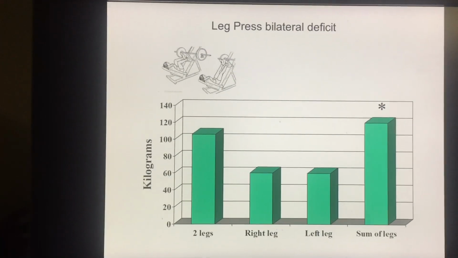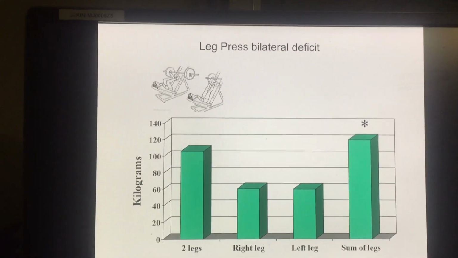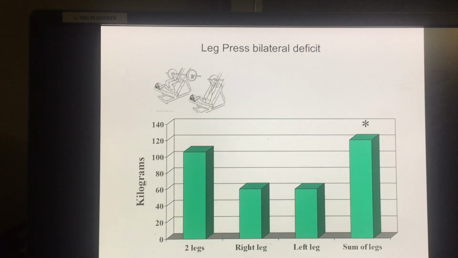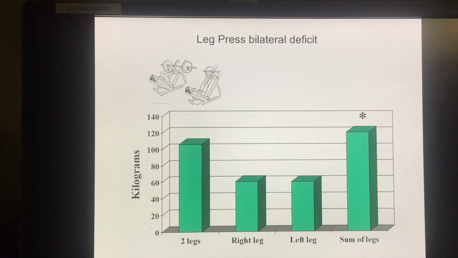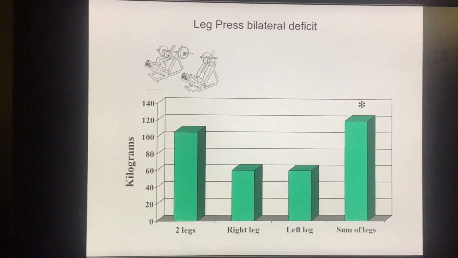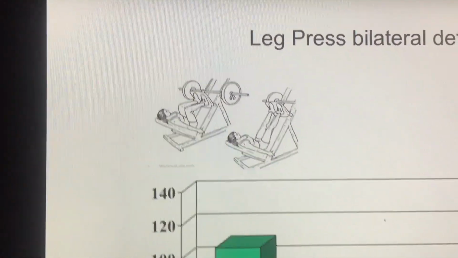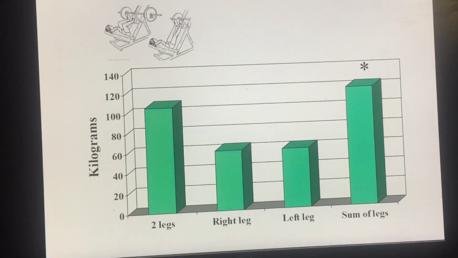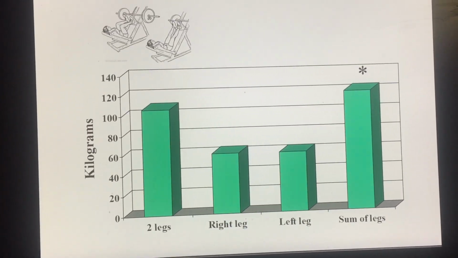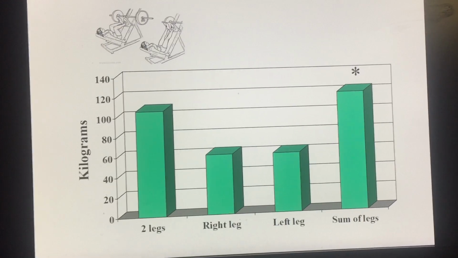This is best explained by giving an example. So I'm giving the example of a bilateral contraction with the leg press exercise. So you can see the leg press, what that involves. And this is a graph showing your strength abilities.